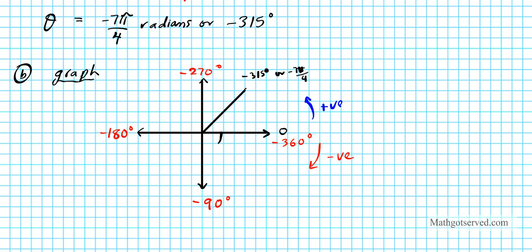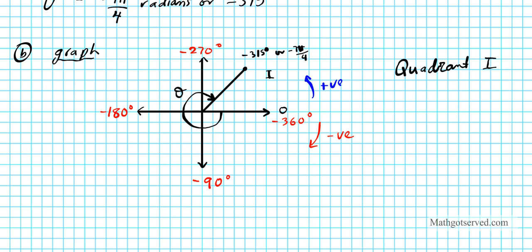We went in this direction, like this, bam, and that's theta, all right? All right, what quadrant is this terminal side in? It's in quadrant number 1, okay? So it's in quadrant 1.